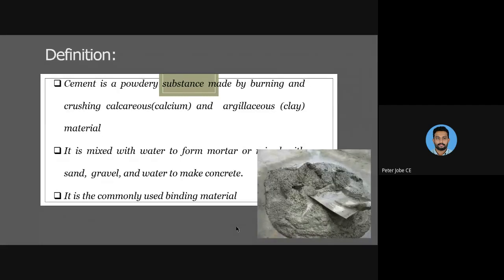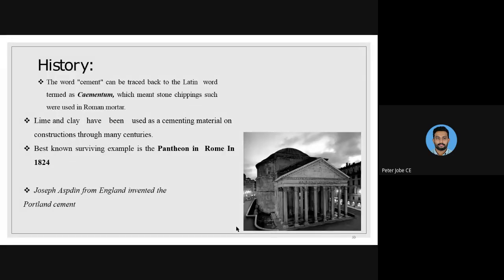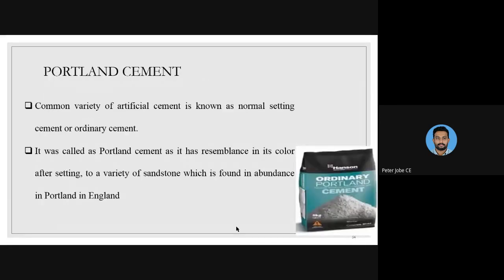There are some properties of cement in this study, and we discussed the history of cement. Who discovered it? Joseph Aspin is the person who discovered Portland cement. It is known as Portland cement because at the time when he discovered it, the color was similar to that of a stone which is found in abundance in Portland, England.